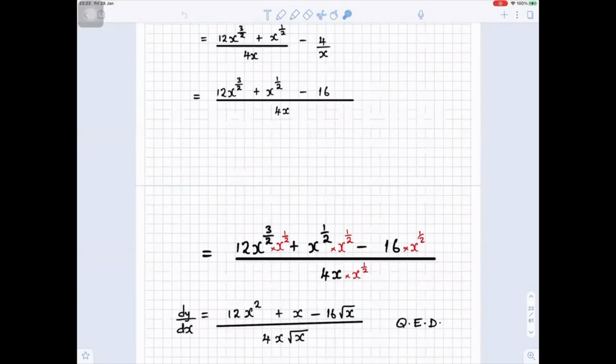So that is what you would get. And when you add 3 over 2 plus a half, it's like 1.5 plus a half. That gives you 2, which is x squared. So you've got dy over dx to be 12x squared plus x minus 16 root x over 4x root x. Quod erat demonstratum, as required to show.